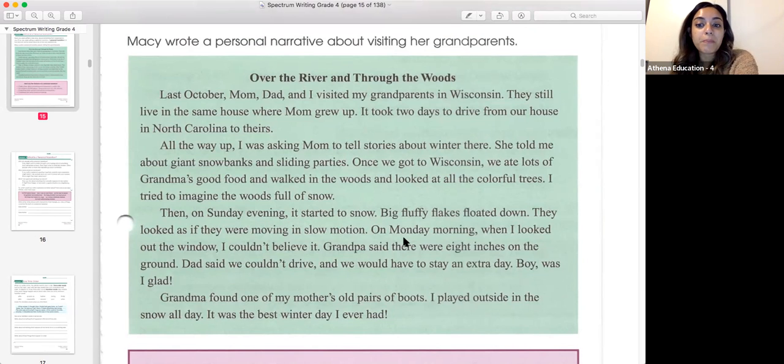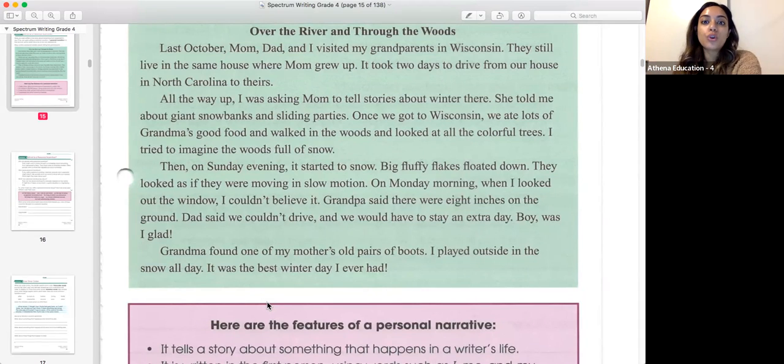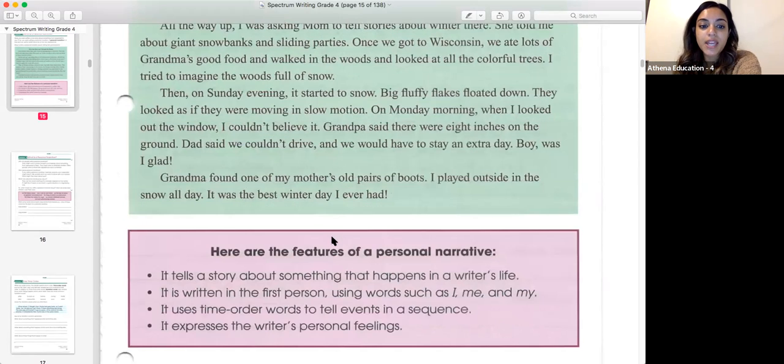And then on Monday, she looked out the window and there was so much snow outside and she was so happy. And then Grandma found one of Mom's old boots and she was able to play. So she tells us in order what happened, starting on Saturday and then Sunday and then Monday. So it's in order of how it happens.